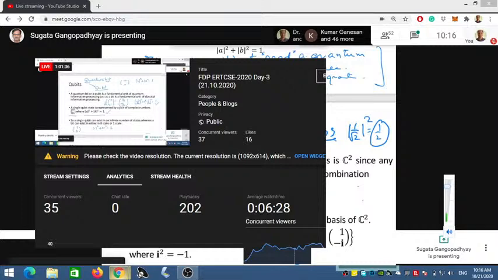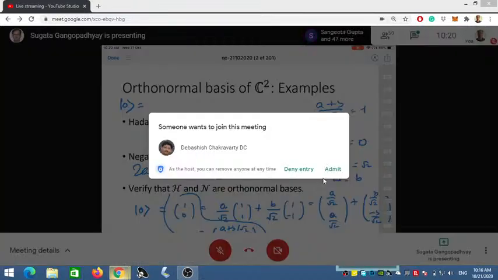Is it correct? Or have I made any mistake? Twice of a, so a comes to be 1 by root 2, yes, but then what happens?